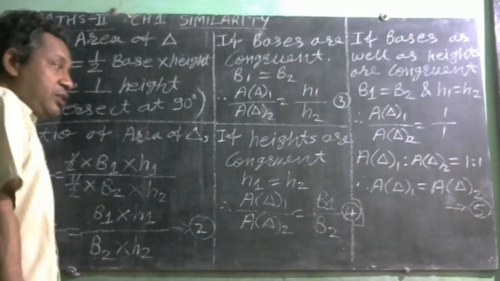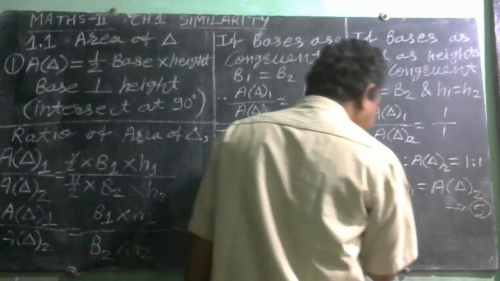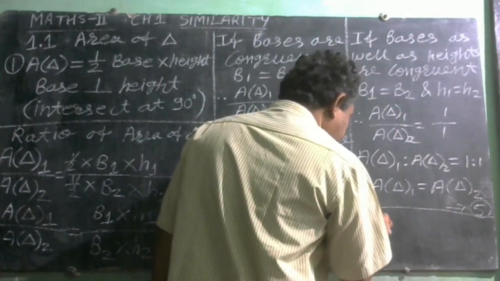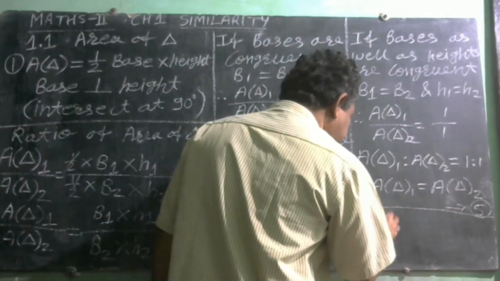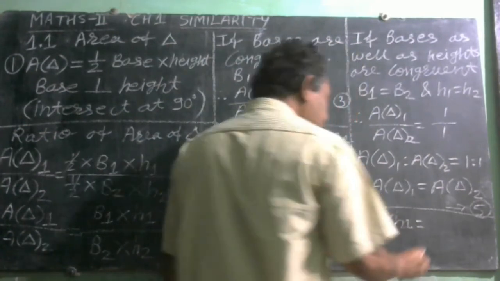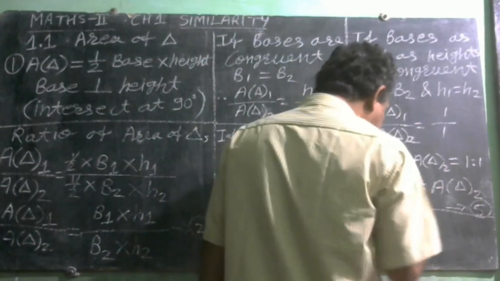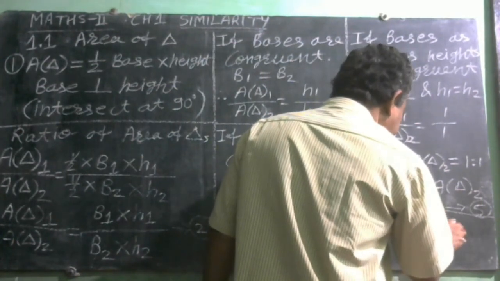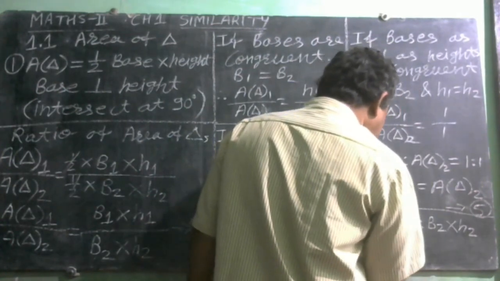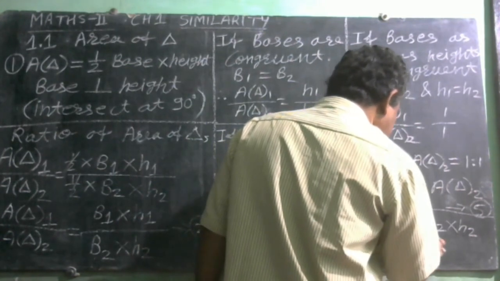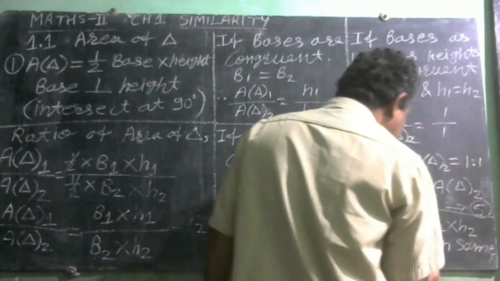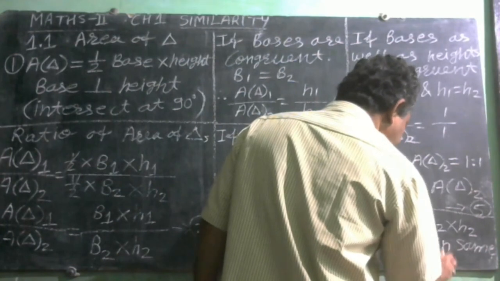One another thing we have to remember: base B1 into H1 equal to B2 into H2 equal to B3 into H3 in the same triangle always.